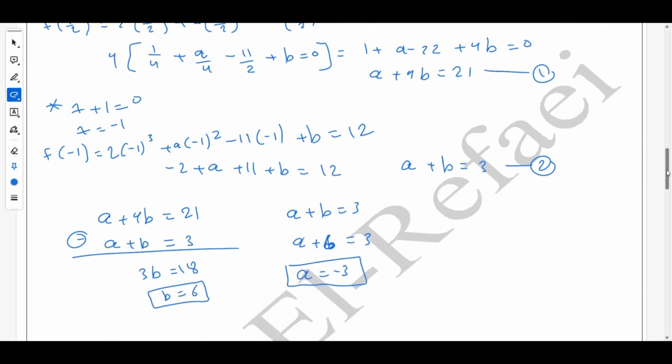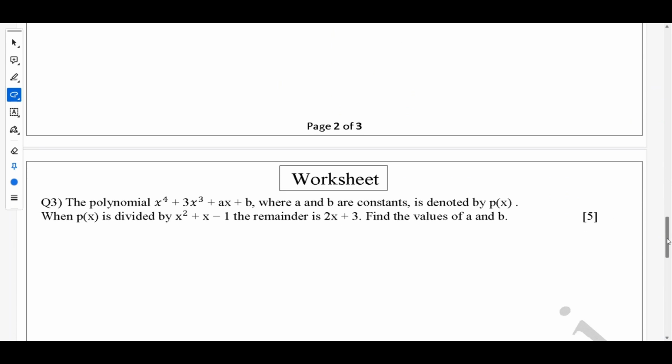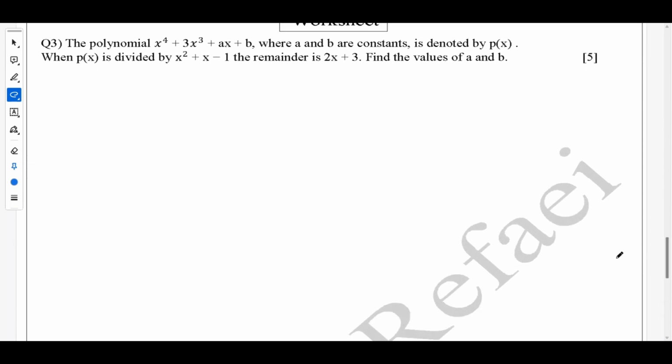Okay, let's move to question number 3. Last question, 5 marks. The polynomial x to the power 4 plus 3x cubed plus ax plus b, where a and b are constants, is denoted by f(x). When f(x) is divided by x squared plus x minus 1, the remainder is 2x plus 3.